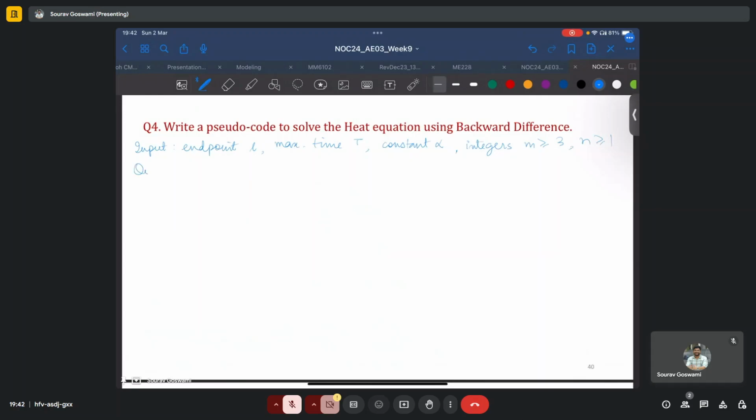What this will output is approximations w_ij to the exact solution u at x_i at the time step t_j for each grid point i equals 1, 2 to m − 1, for all time steps j equals 1, 2 to N.